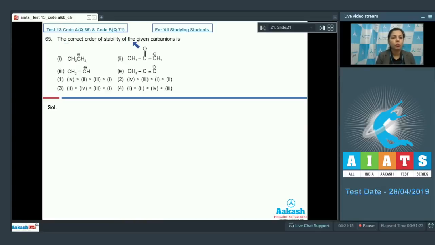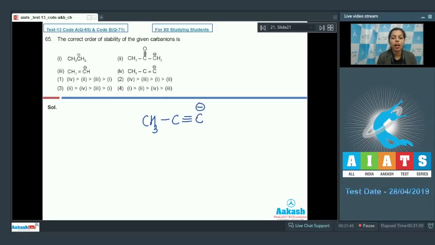The correct order of stability of the given carbon ions is. It means carbon ion has the negative charge and we need that carbon ion which is most stable. In this case, we have to arrange them. One thing you should always know, that negative charge is stable on that carbon which has more s character, that is more electronegative. So on that basis, if I talk CH3, C negative charge.